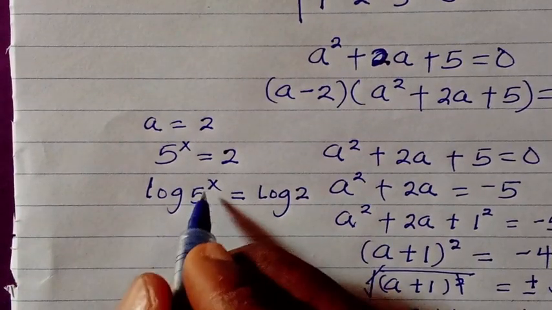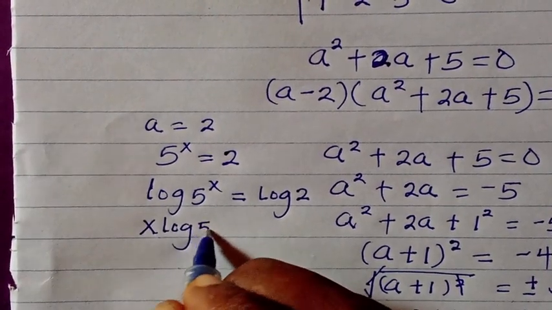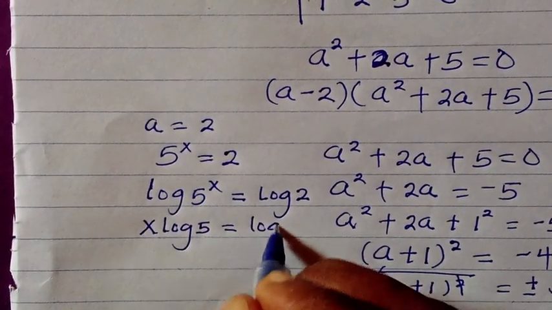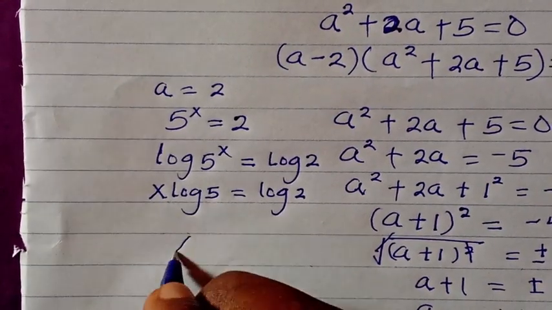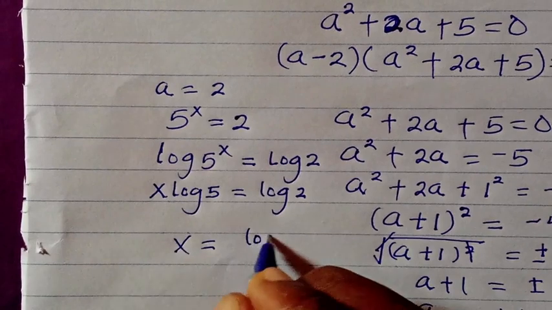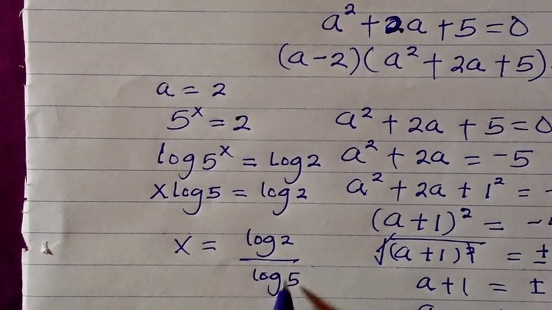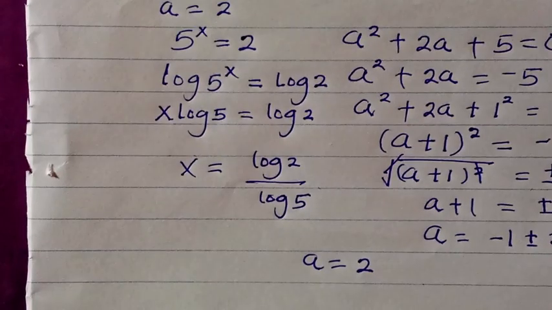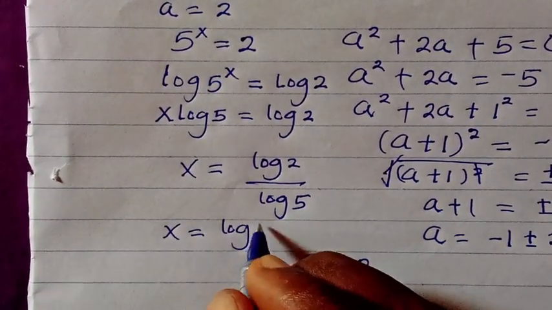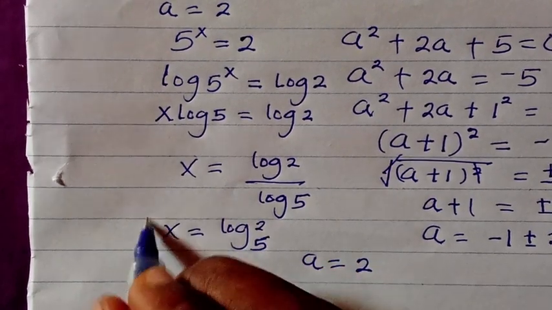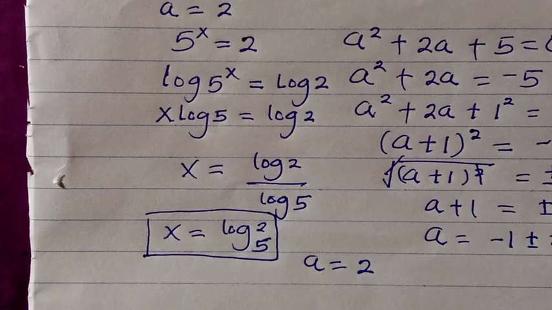By the logarithm law, x comes down. We have x log 5 equals log 2. By dividing both sides by log 5, we have x equals log 2 divided by log 5, which we can also rewrite as x equals log of 2 base 5. This is the solution to this problem.